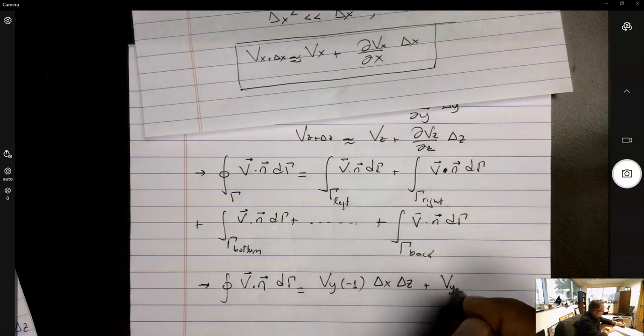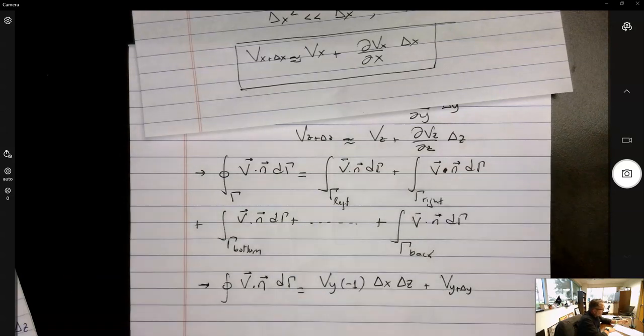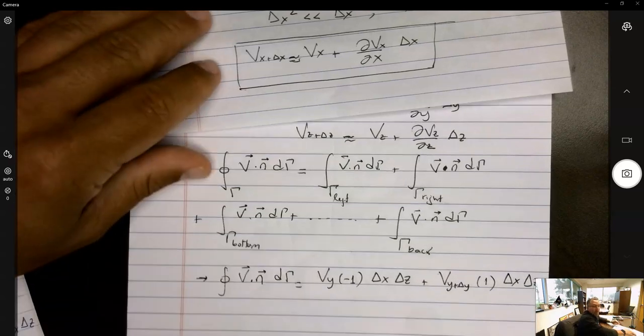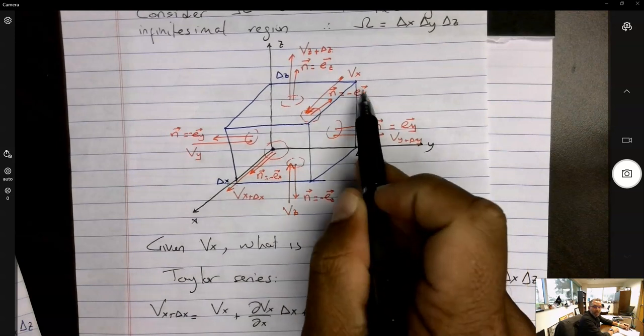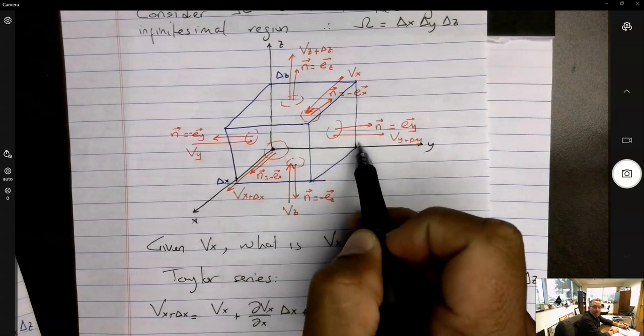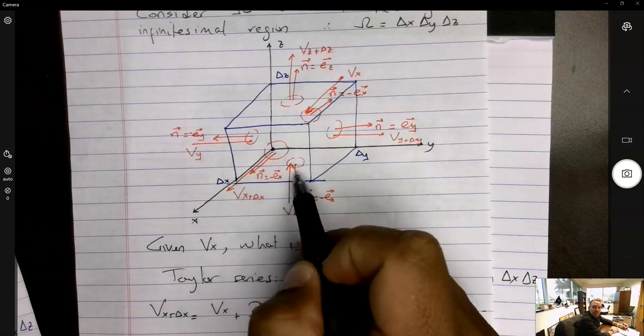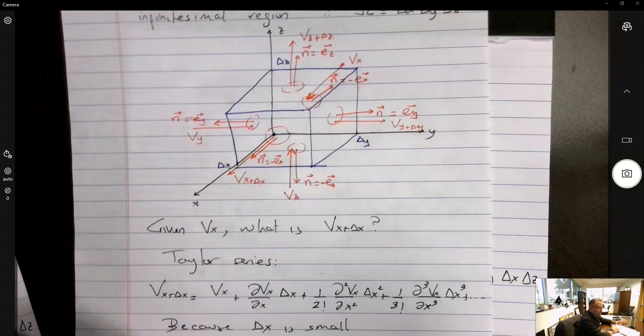Plus Vy plus delta y, that's on the other side, on the right hand side, times the normal vector, which is 1, delta x delta z. The area of the wall on the right hand side is also delta x times delta z. So it's this line, which is delta x, times this line, which is delta z.